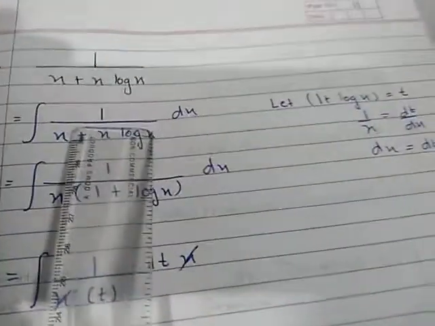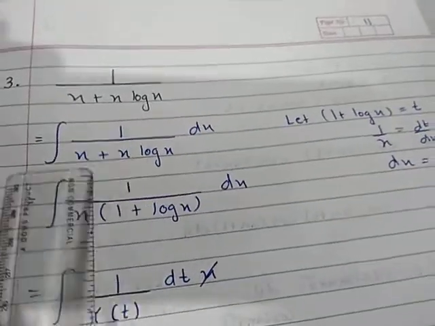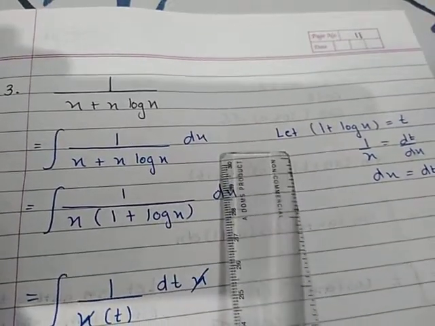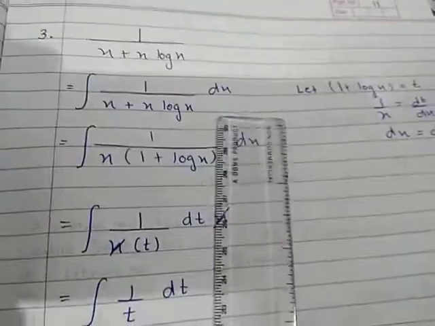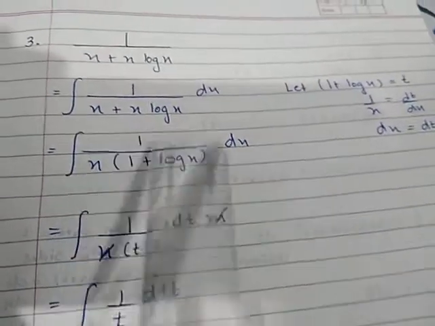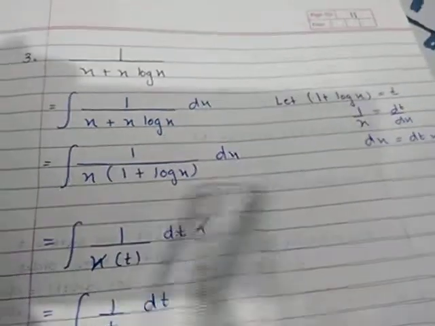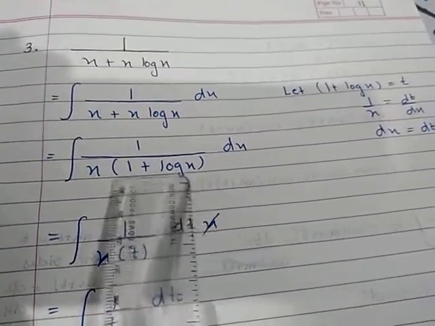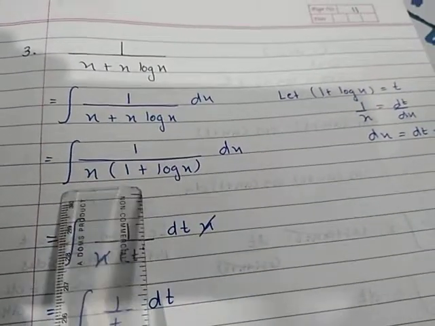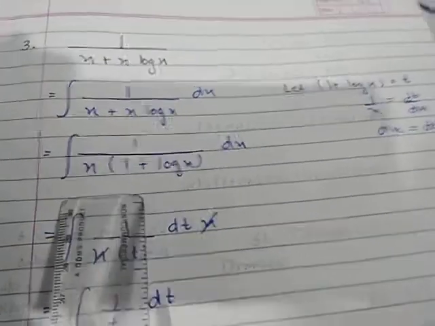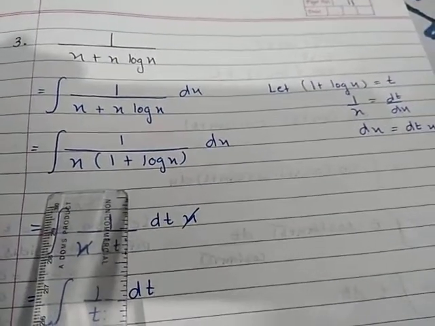Question number 3. This is most important board question. Integration of 1 upon x plus x log x dx. We need to take first of all x as a common, therefore the factor is x into 1 plus log x dx. Since we know that the differentiation of 1 plus log x is 1 by x, therefore definitely 1 plus log x is a function and 1 by x is a derivative of this function.